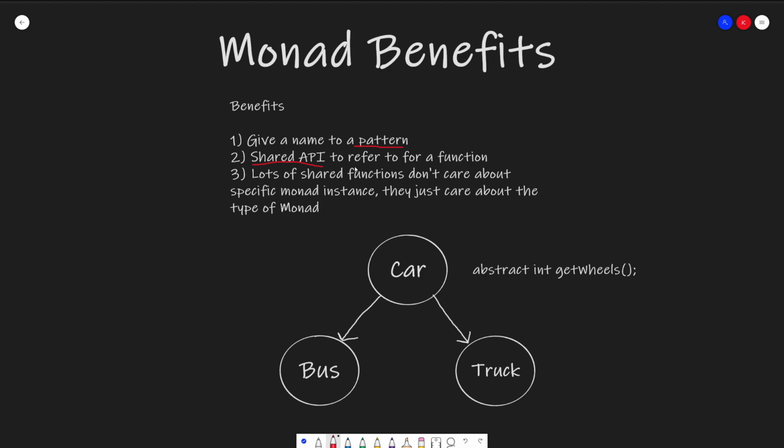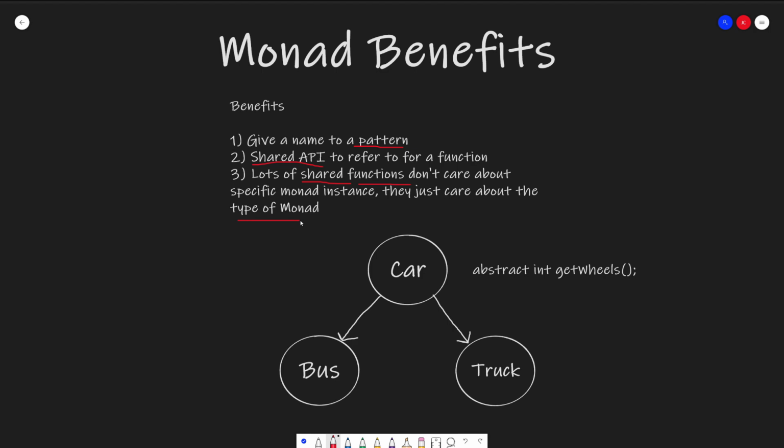For example, if we always wanted a bind function where we give a specific type, then we can always rely on that bind to give us that type of functionality. And finally, probably what is most important is that it allows us to share functions that explicitly require a monad type or a monad instance, but they don't necessarily care about the implementation of the monad itself.